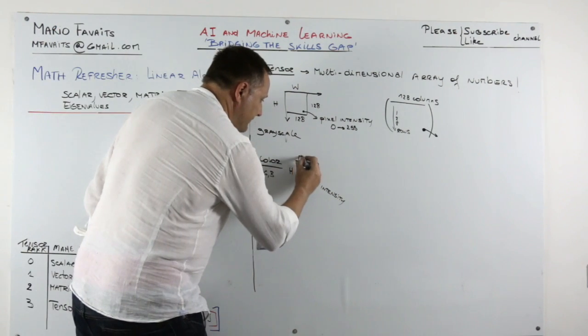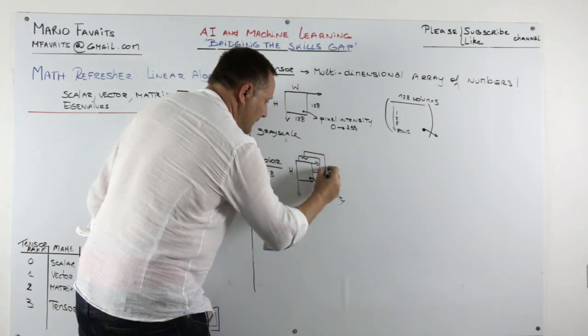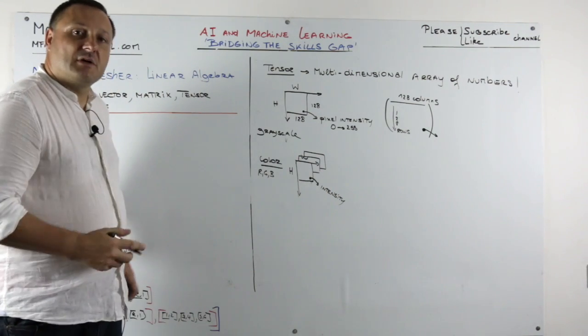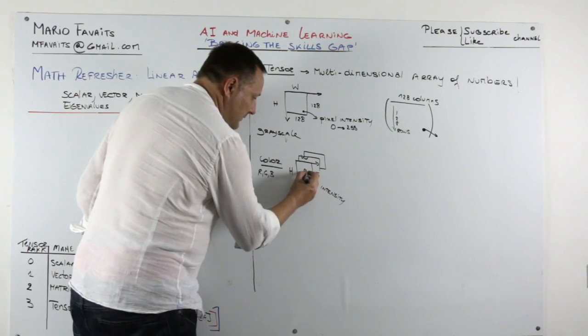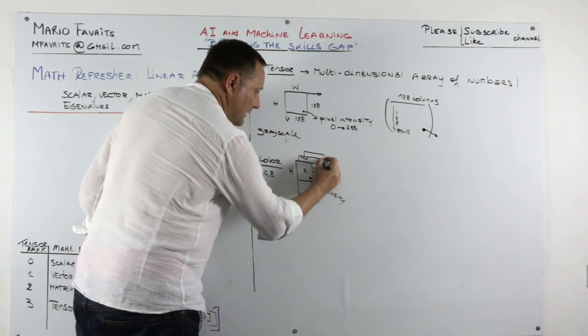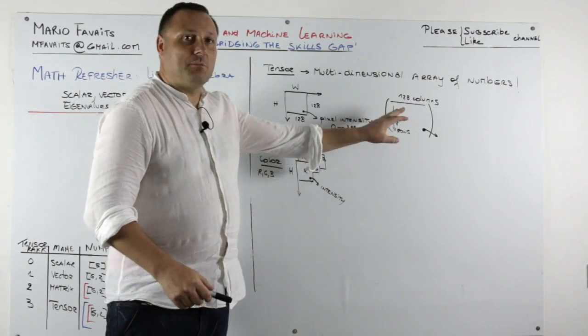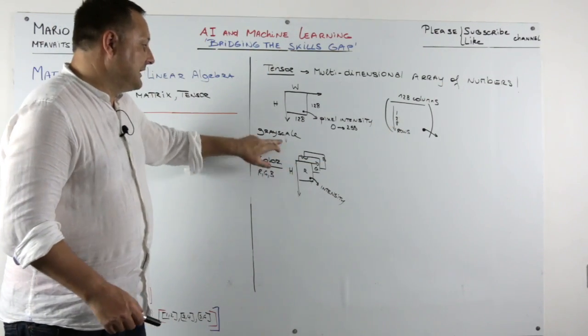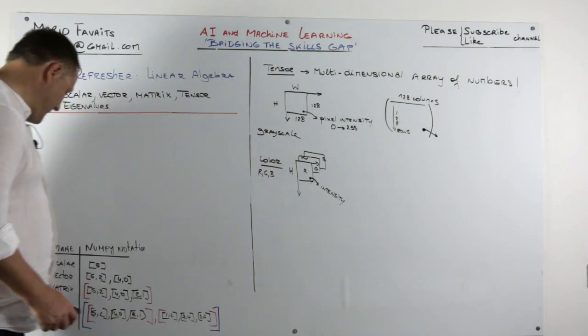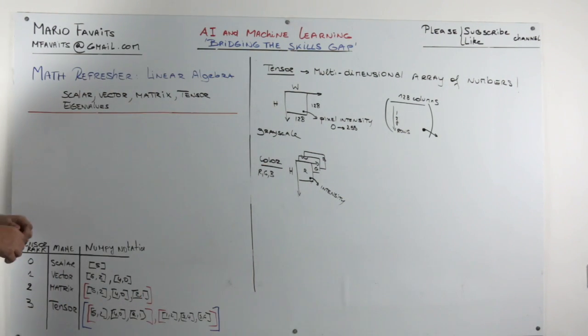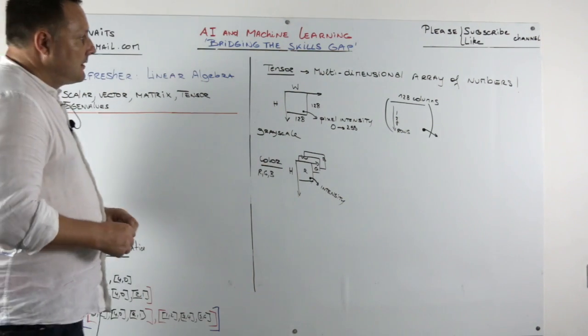So we need a few of these. We need 3 of them. This will be the red, green, and this will be the blue. So this we can't represent with a matrix anymore. For this we need a tensor of rank 3, as the one we described below.